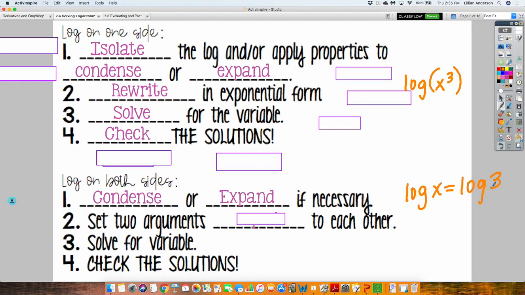This is where you would have a log on both sides and ask you to solve for x. I mean, this is the most basic, simple example. No, I'm saying like, how do you end up with it like that? Because when you rewrite it in exponential form, Oh, no. This is like a different situation. So now we're talking about where there's a log on both sides. This one would be if you had a problem like so. This one would be if you had logs on both sides. Yes.